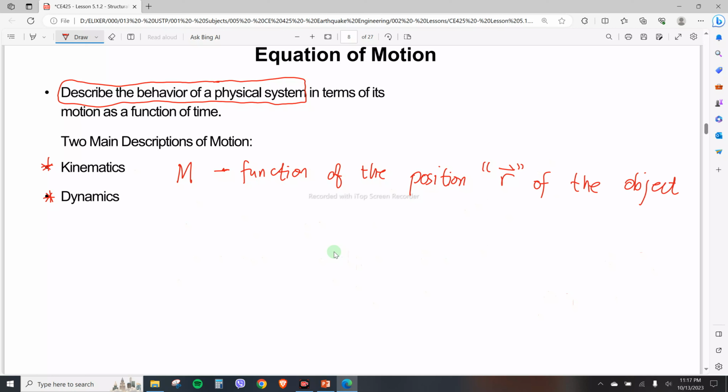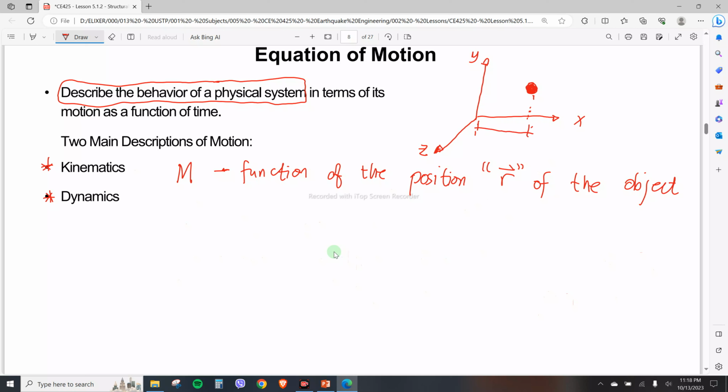If you remember in your dynamics of rigid bodies, if we consider a three-dimensional system, let's say we have our x, our y axis, and the z axis. And then let's say there is a particle on this side. So how do we describe its position? The position of this particle is described depending on its direction along the x.